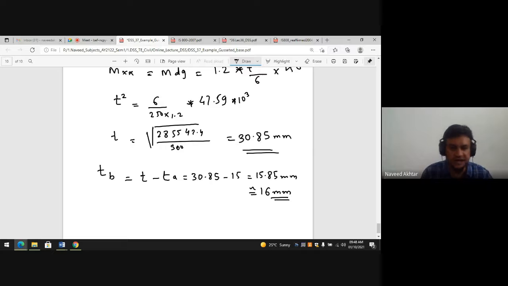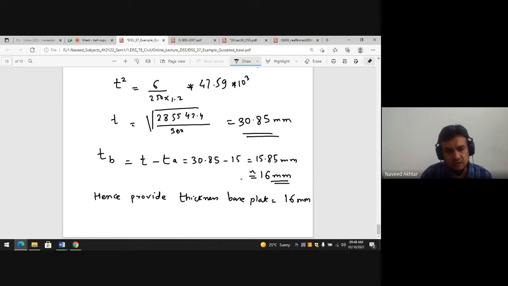So hence provide thickness of base plate equal to 16 mm.